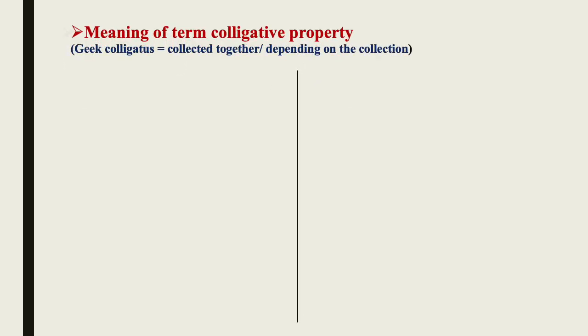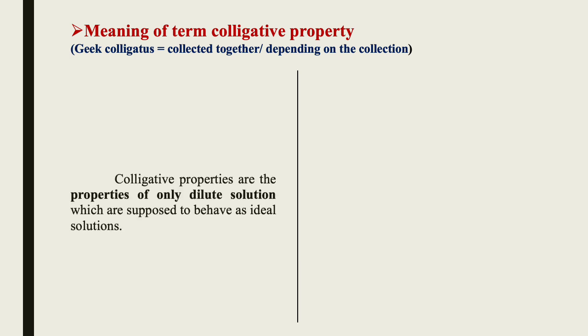So let's start with the colligative property. The term colligative, as the word suggests, came from a Greek root word, colligates, that indicates the meaning of collected together or depending on the collection. So here we are collecting the property of the complete solution.